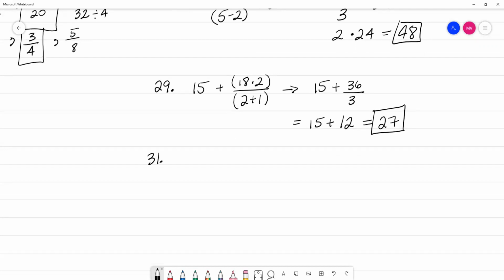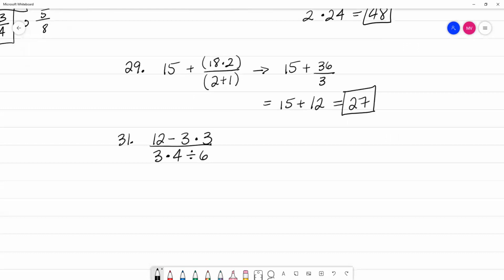For number 31, we have 12 minus 3 times 3 over 3 times 4 divided by 6. Okay, so this is what I want y'all to do first.